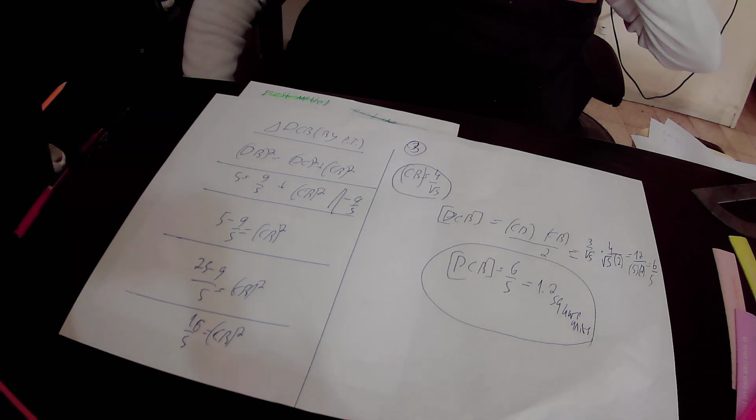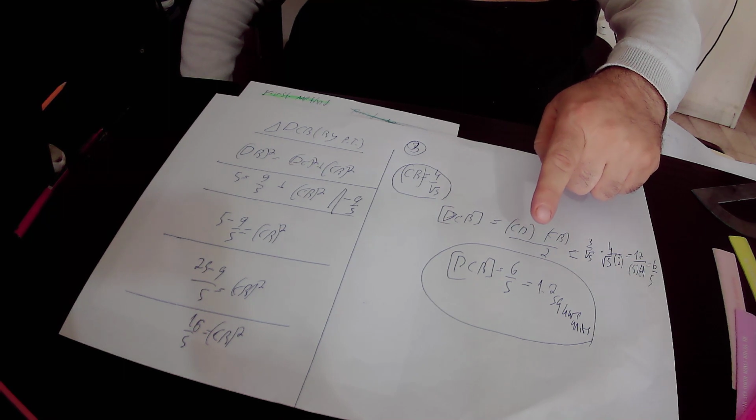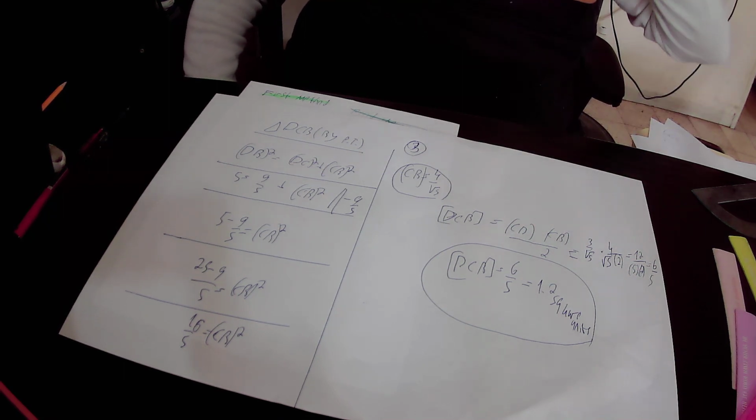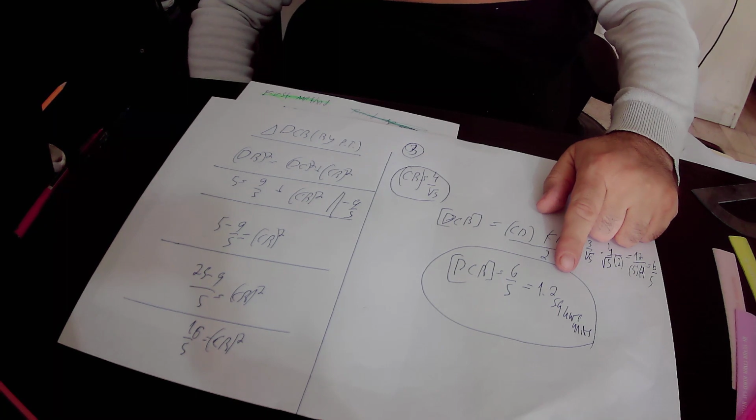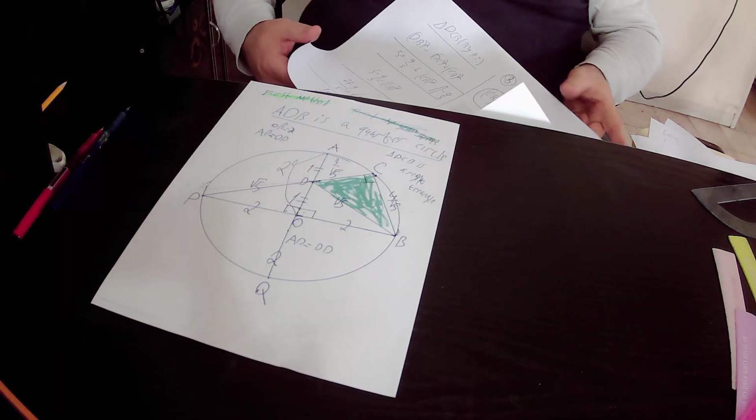So in conclusion, we found that the area of the right blue triangle DCB equals 6 over 5 square units, so in terms of numbers, it is equal to 1.2 square units. We finished with the first method.